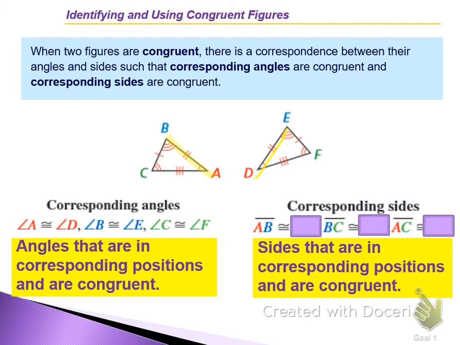If I say A first, you need to write the corresponding letter first in the second part. So what corresponds with A? D. And then after D, what's going to go next? E. So DE. You can kind of see it better with my color coordinating. It absolutely matters. If I had said BA, you would have needed to say ED.